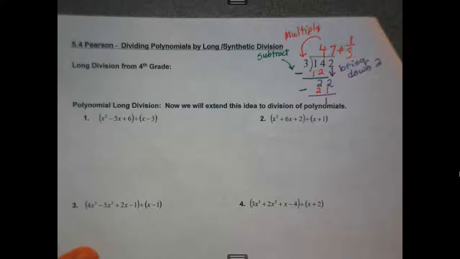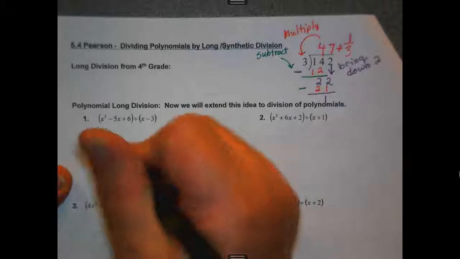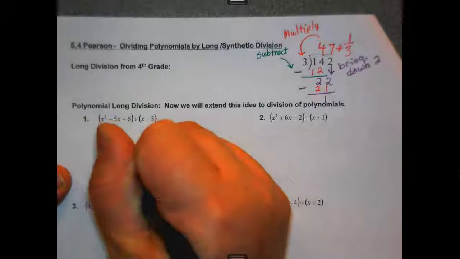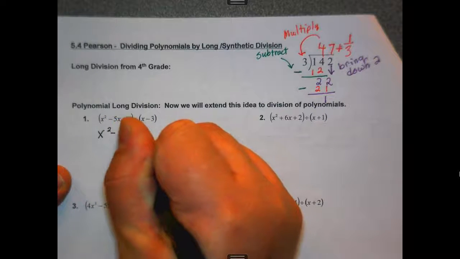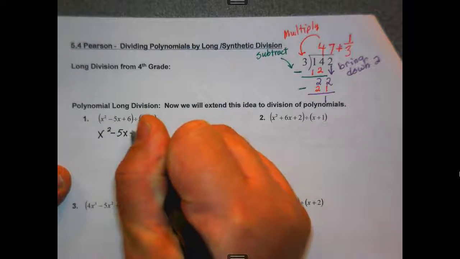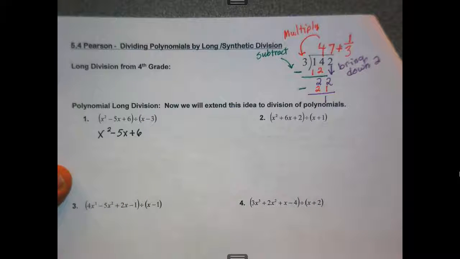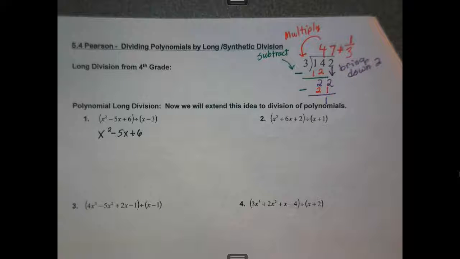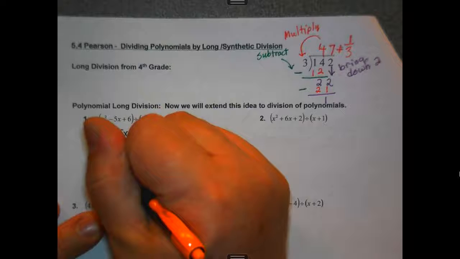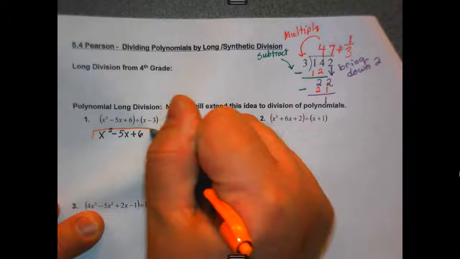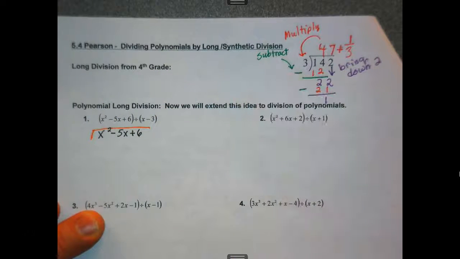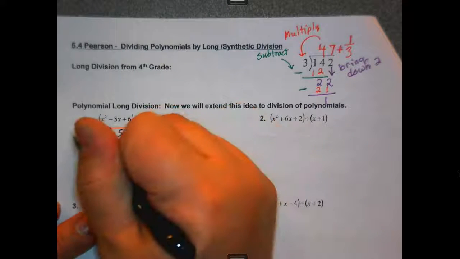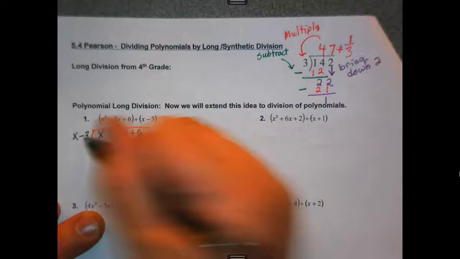All right, number 1. I have the polynomial x squared minus 5x plus 6. I'm going to divide it by my divisor, which is x minus 3.